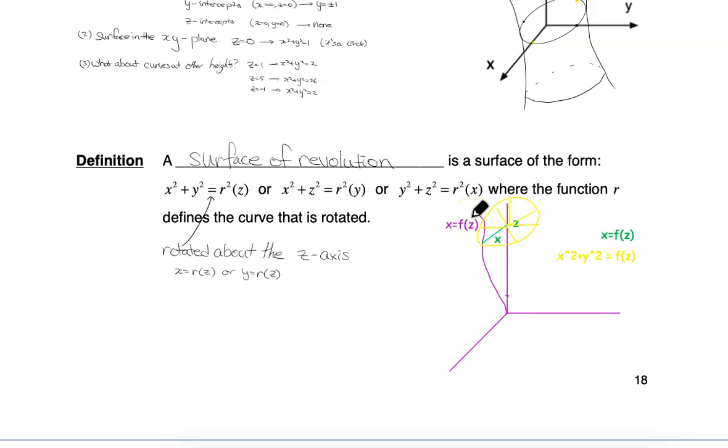And this is why, instead of only having x equals f of z, I set it up as x squared plus y squared equals that value, the radius, squared. So it's really quite clever. And the same happens if we want to rotate about the x-axis or the y-axis. We first need to find an expression for the radius, and then we can just add this circle thing. This creates a circle from what was originally just a point in the plane.